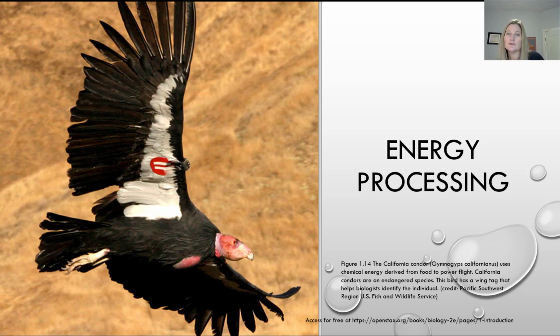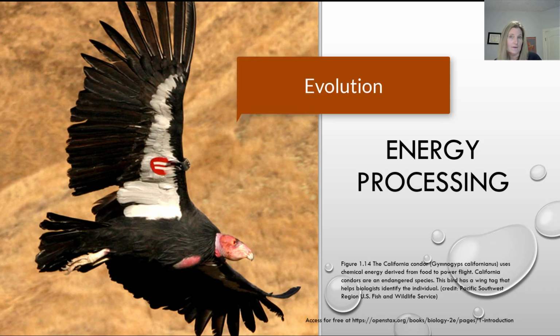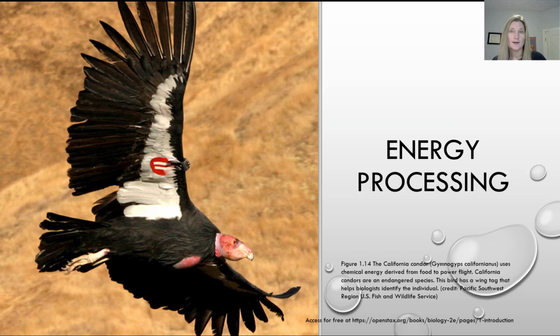And then the final property of life is the idea of evolution. That's something that living things have over time. Populations have evolved. On the most basic scale, in order for us to survive, we need to get resources.